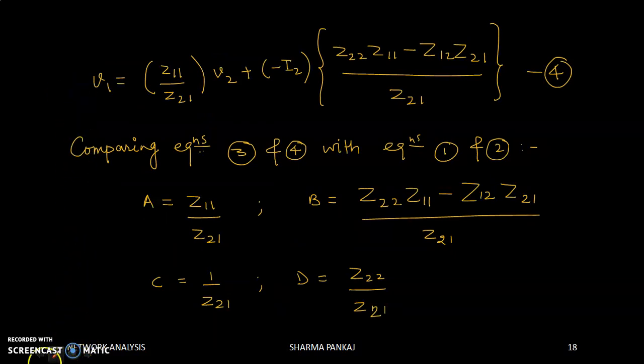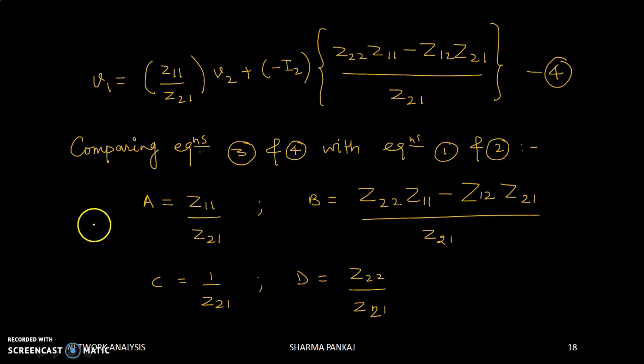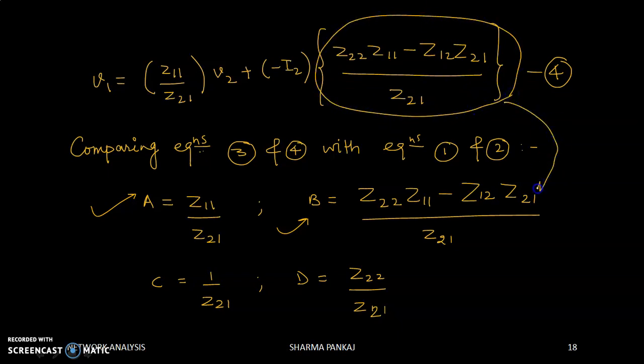Comparing these equations, we get A is equal to Z11 upon Z21, B is equal to this entire ratio, C is 1 upon Z21 and D is Z22 upon Z21.